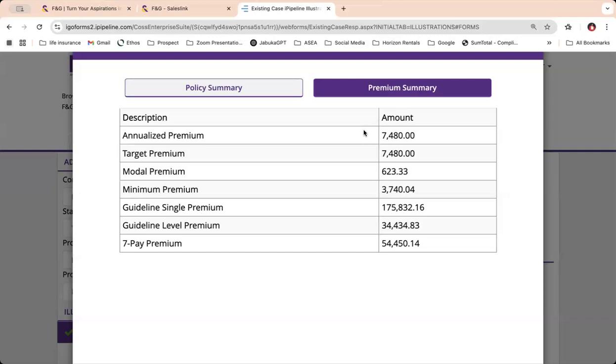If you were to break it down to monthly, that will be $623.33. Then I wouldn't go down to the minimum because we don't recommend it, but I would jump from there and go to 7 pay, which makes a lot of sense. Let me say, Mr. Parikana, 7 pay means this is the maximum that the IRS allows you to put into this policy without exceeding the modified endowment contract, which is the MEC.